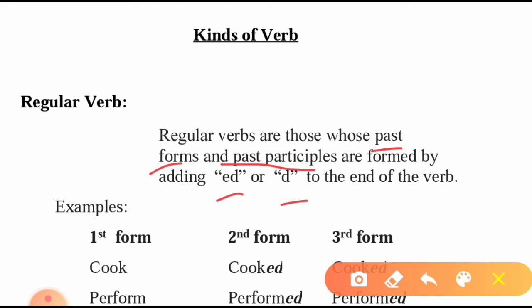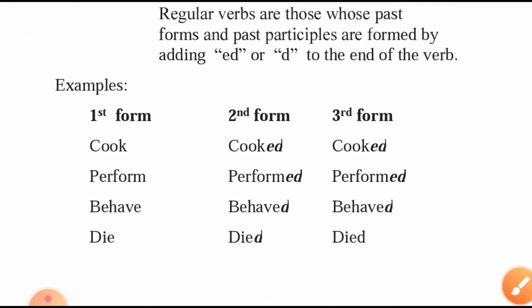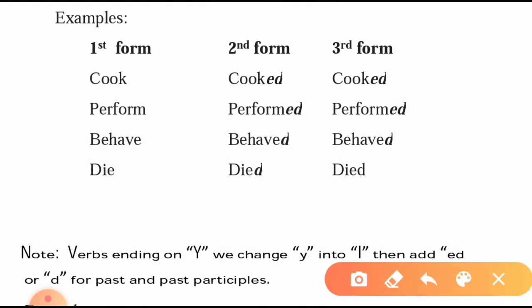So you can see the examples here. The first is cook. As it is making second form and third form by adding ed, we can say it is a regular verb. Another example you can see is perform, performed, performed. Here we just add ed to make the second and third form of the verb.